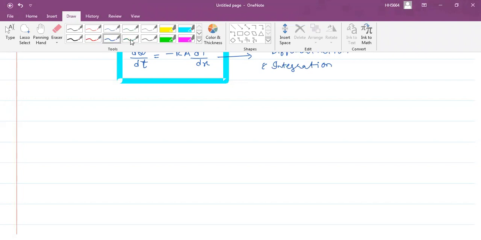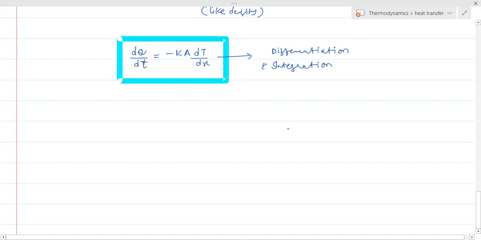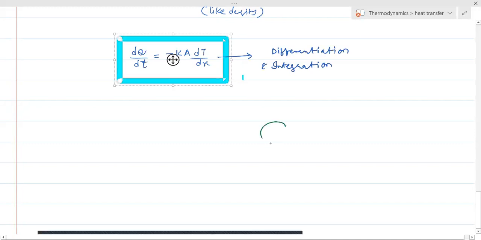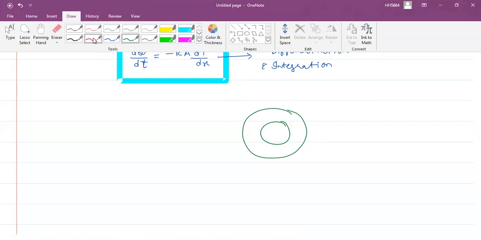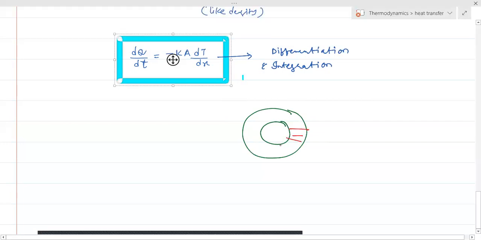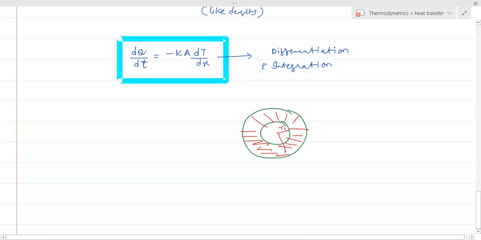Suppose I take an example, then you will get clarity. We have two hollow spheres, and between the hollow spheres we fill some conducting material. One is of radius r1 and the other is of radius r2.